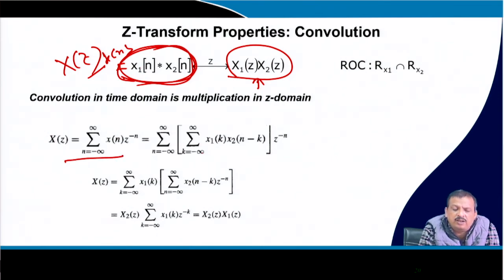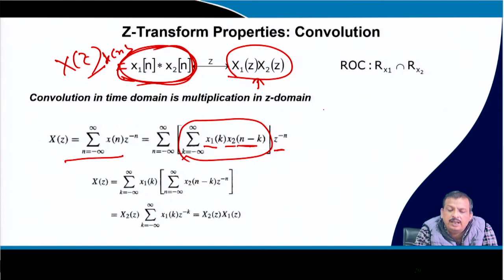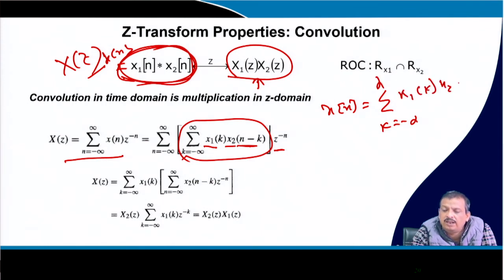Now I represent the convolution. X of n is a convolution, which is nothing but the sum from k equal to minus infinity to plus infinity of x1 k into x2 of n minus k, times z to the power minus n.